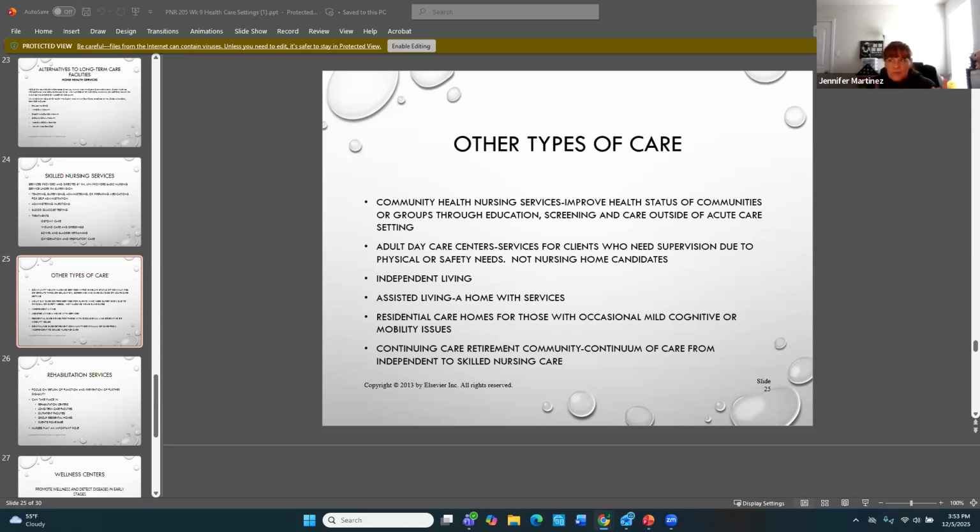Some of them like the PACE program, it's providing mental stimulation, socialization. They also may get some assistance with ADLs, a nice safe environment for that person to go to. Some of them include transportation. So they may pick up your client in the morning and bring them home in the afternoon.